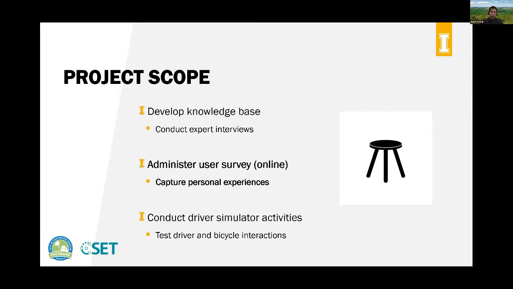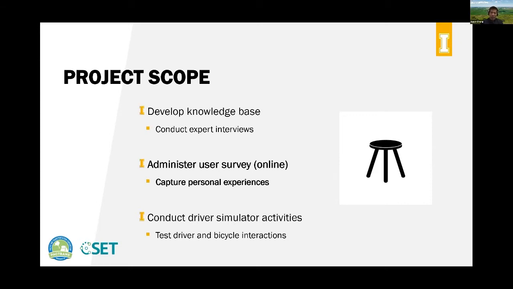Once we developed the knowledge base, we took that information and administered an online user survey. I'm going to spend most of the remainder of this time talking about that, as that was the focus effort for the University of Idaho. We're trying to better understand perspectives from both bicyclists and motorists with regard to bicycle rolling stop laws, capturing their personal experiences.